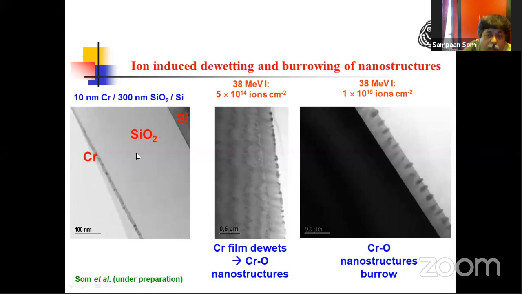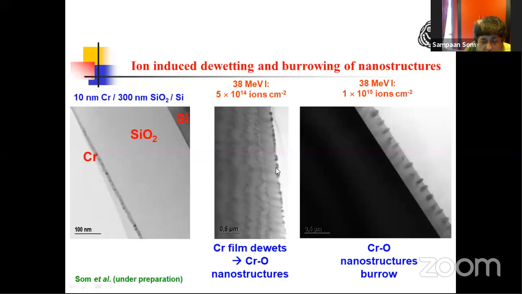However, under ion bombardment in the form of 38 mega electron volt of iodine ions with charge state of 7+, to the fluence of 5 × 10^14 ions per square centimeter, the same continuous thin film of chromium gets dewetted like we saw in the last slide. And they form several nanostructured islands.